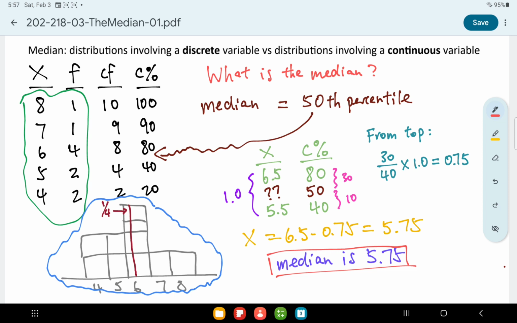Or you can use the idea of percentage rank. Keep in mind the median is the 50th percentile. I repeat, the median is the 50th percentile.